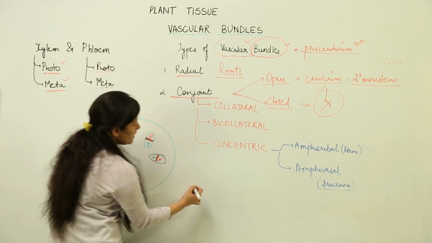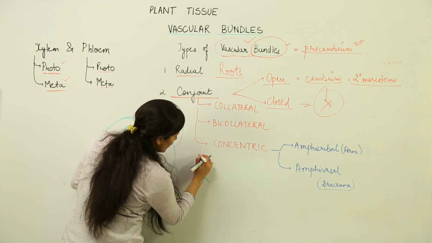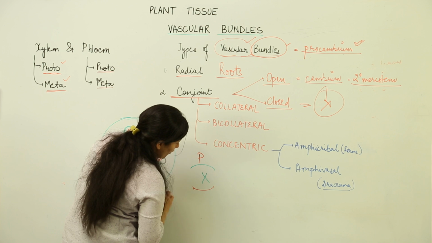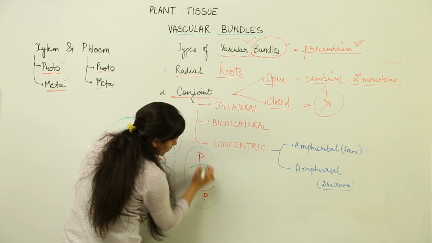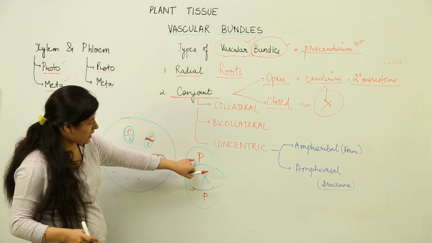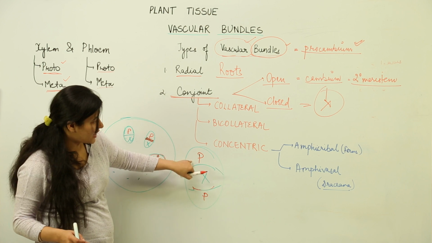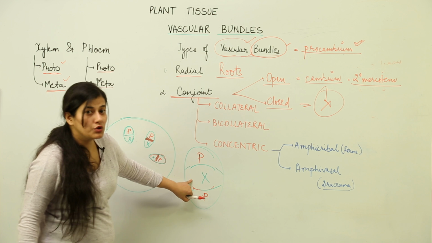In case we have xylem, phloem is present towards both the sides, then such a bundle would be known as bicollateral. That means xylem is surrounded by phloem on both the sides. That is a bicollateral bundle. It is seen in cucurbitaceae.